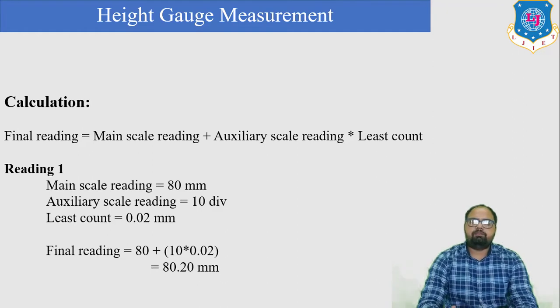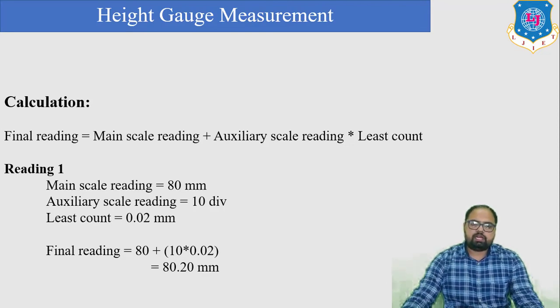After doing some measurement in the workshop, finally it's time to do some practice. So we have some readings which we have already taken, and we need to do some calculation from those readings. So let's start. How can we calculate? Final reading is equal to main scale reading plus auxiliary scale reading multiplied by least count.